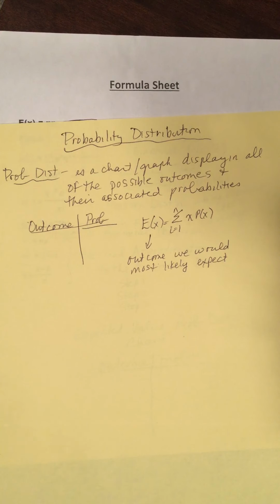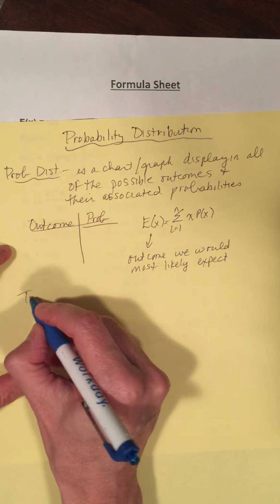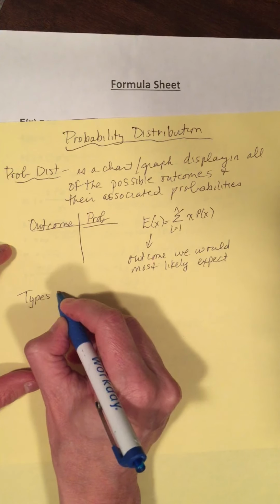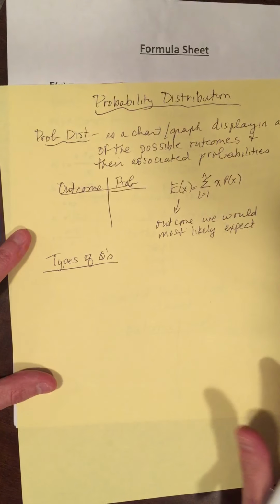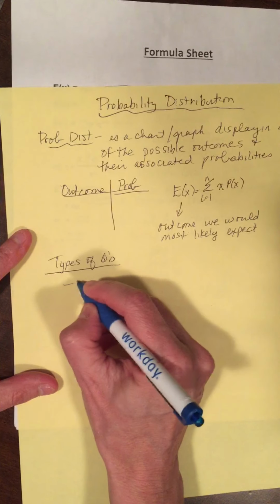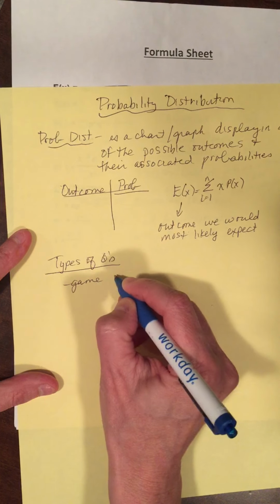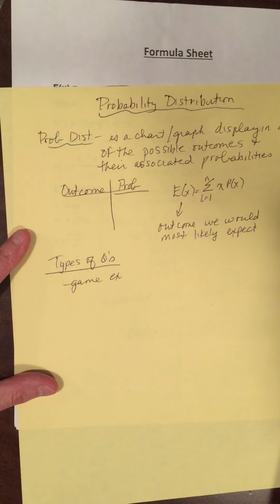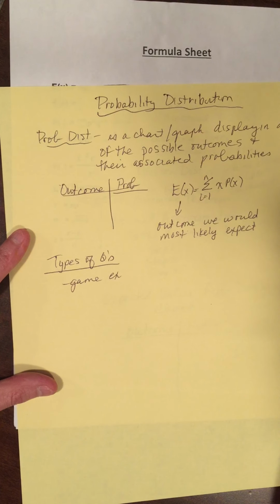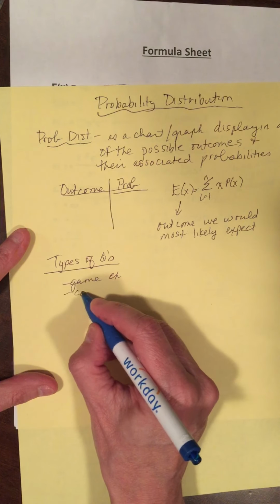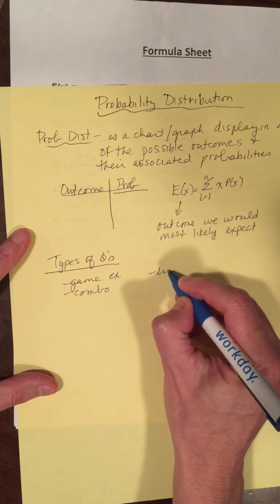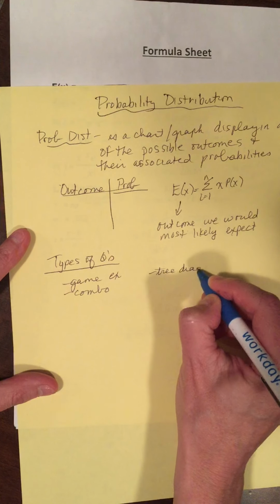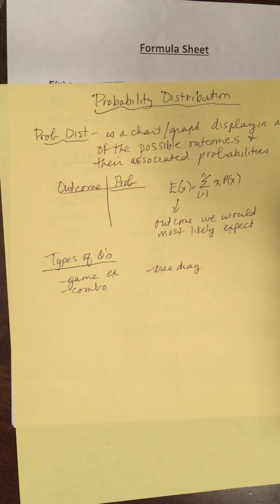Now, we had a series of different types of questions that I could actually give you on the test. We had a game example. Remember the basketball example? We had a combo example. We had one in our notes and one on the assignment. We had a tree diagram example.